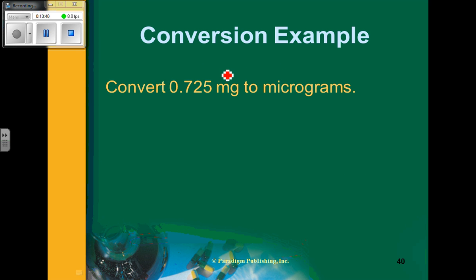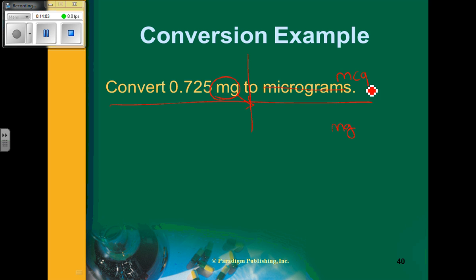Again, I'm going to do mine, and then on your next slide, it has their way, because I'm going to tell you something that you can do when you're doing the cross. All you have to do is just put the cross in like this. You're converting 725 milligrams. If you have milligrams here, you have to have the unit of milligrams here. Up here, if you want to shorten it, you can use the abbreviations.